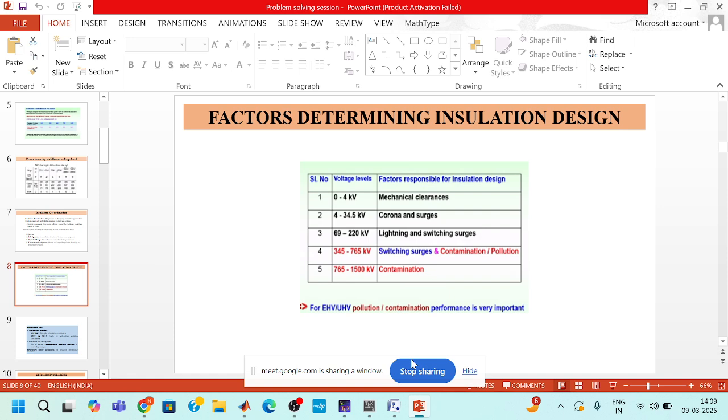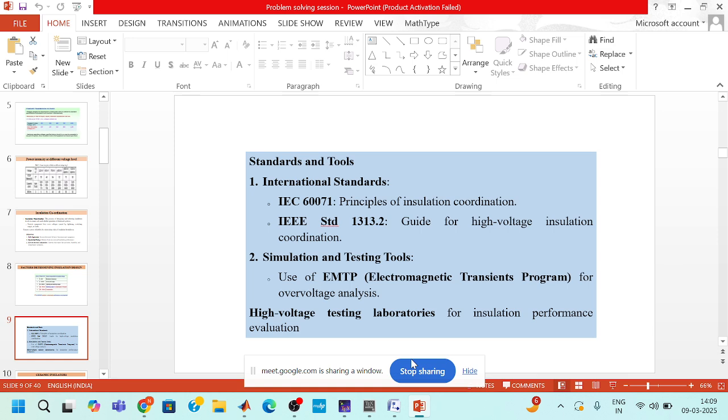For 69 to 220 kilovolt, the main factors responsible for insulation design are lightning and switching surges. These are the factors responsible for insulation design for specific voltages. For EHV and UHV, that is extra high voltage and ultra high voltage, pollution and contamination performance is very important. Now there are some standards which are already set.